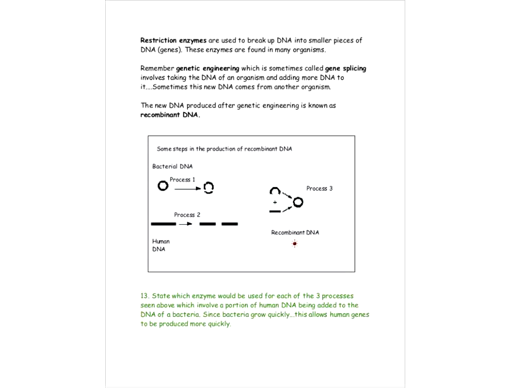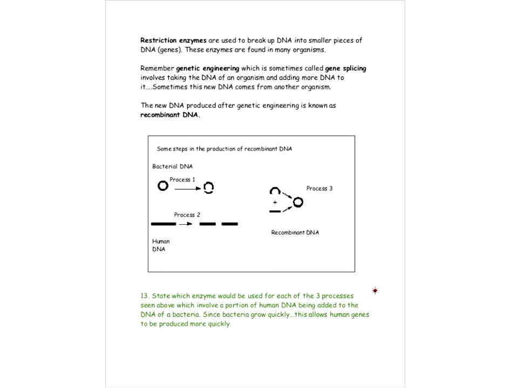And basically what that's allowing you to do, since humans don't reproduce very quickly, you're able to take a gene from a human and put it into bacteria, and then because bacteria do reproduce quickly, you can produce that human DNA very quickly using the bacteria's DNA.